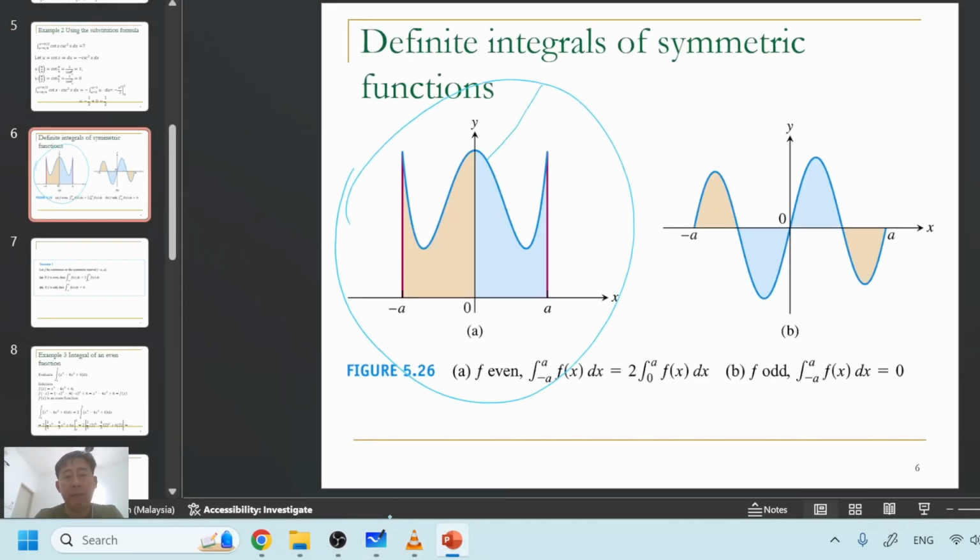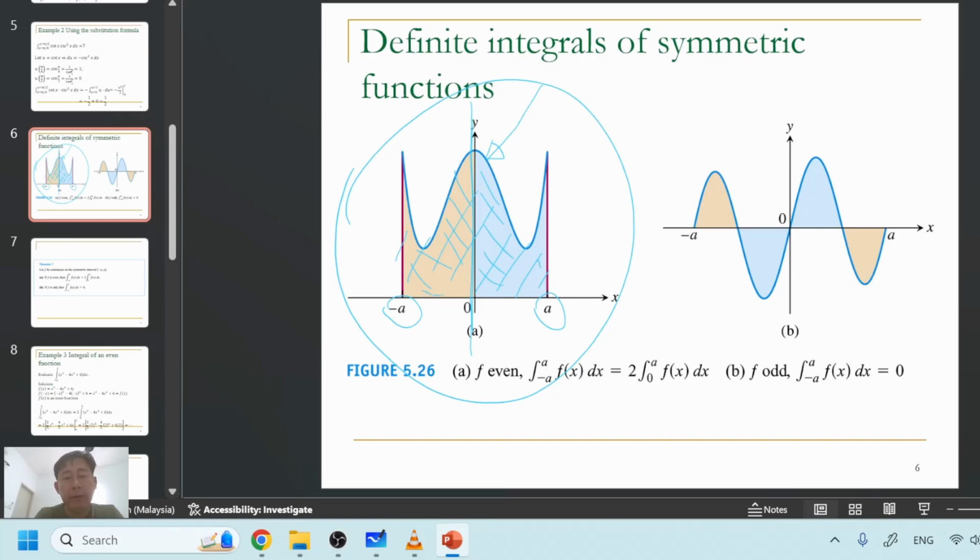This is an example of a symmetrical function integrating from minus a to a. That integration would give the area of the curve from minus a to a. And it's very obvious that due to the symmetry of the function about x equals 0, the area on the left is just equal to the area on the right.